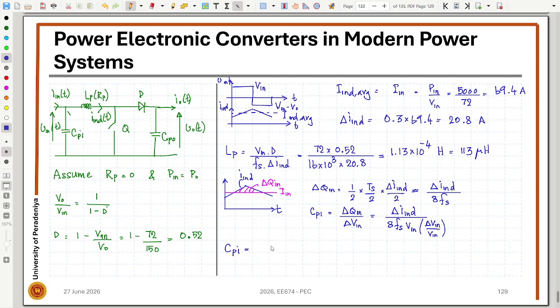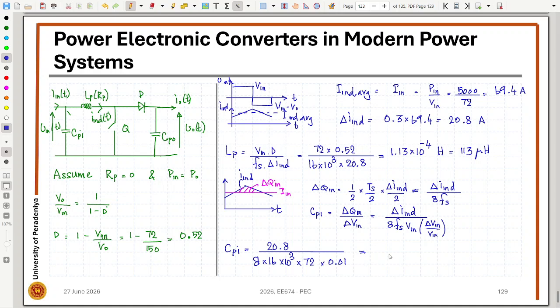Delta I inductance is 20.8, divided by 8 times frequency 16 times 10 to the power 3, voltage is 72, and ripple is 0.1%, this is 0.001.